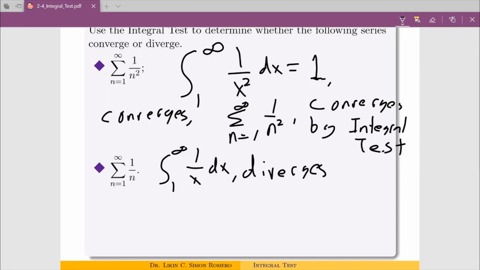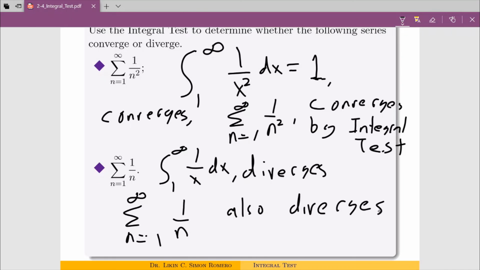And since this integral diverges, we get that this series from n equals 1 to infinity of 1 over n also diverges. And this is by the integral test.